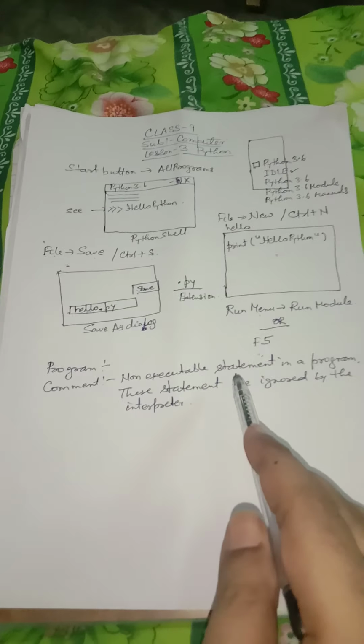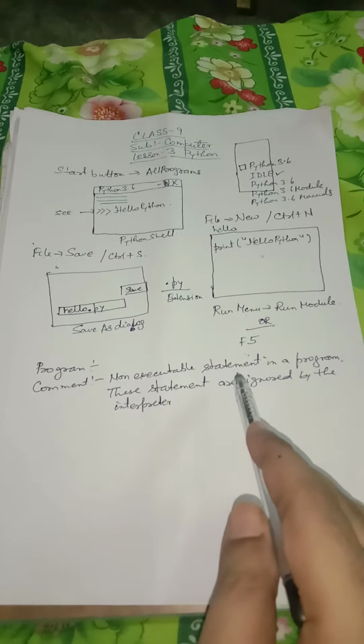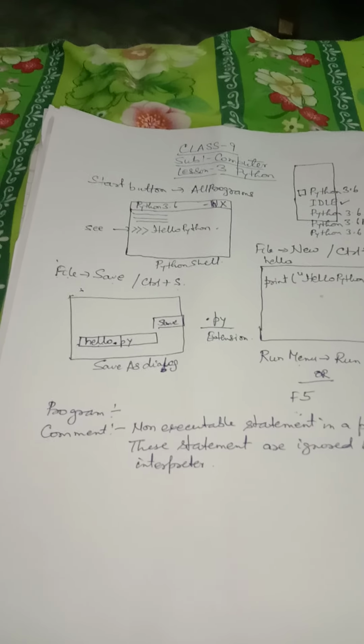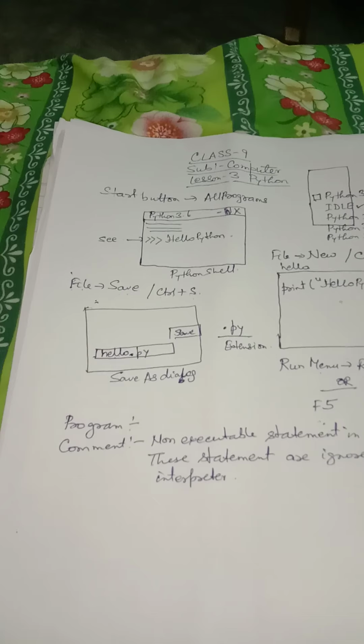Comments are non-executable statements in a program. These statements are ignored by the interpreter. It means that the interpreter does not execute the statement that is written as a comment.